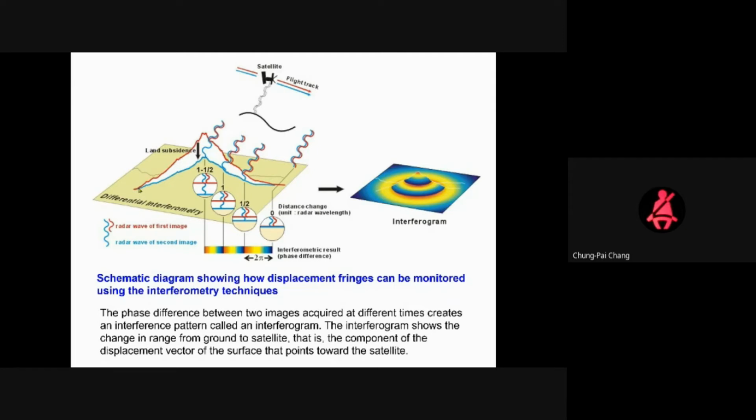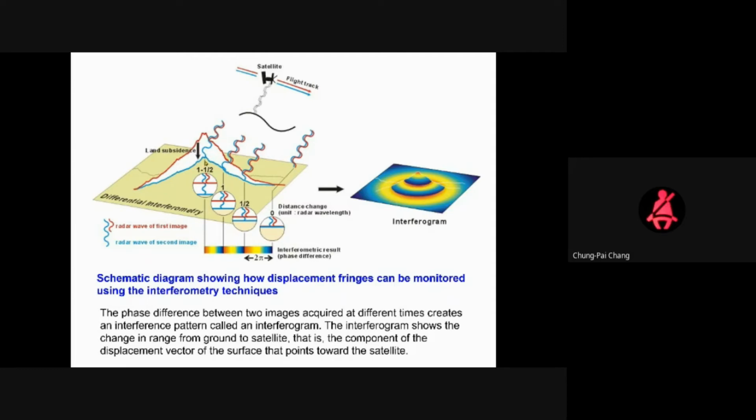I show the topography of this volcano as the blue line and the blue track, and the blue wave shows the radar wave of the second track. You can see for the far field area, because there's no subsidence, there's no phase change.